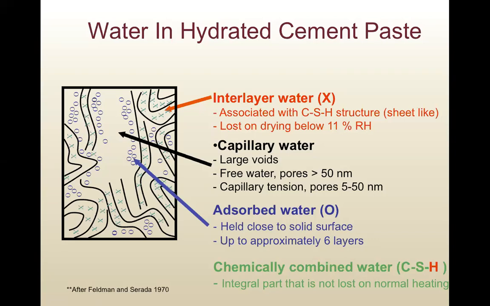Only concrete under fire, when you increase the temperature to around 800 degrees Celsius or higher. So again, these are the four major types of water in hydrated cement paste.